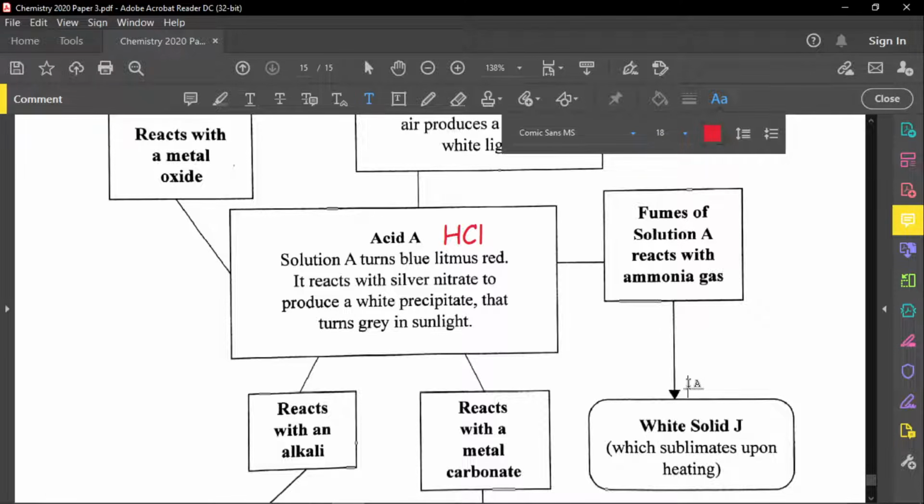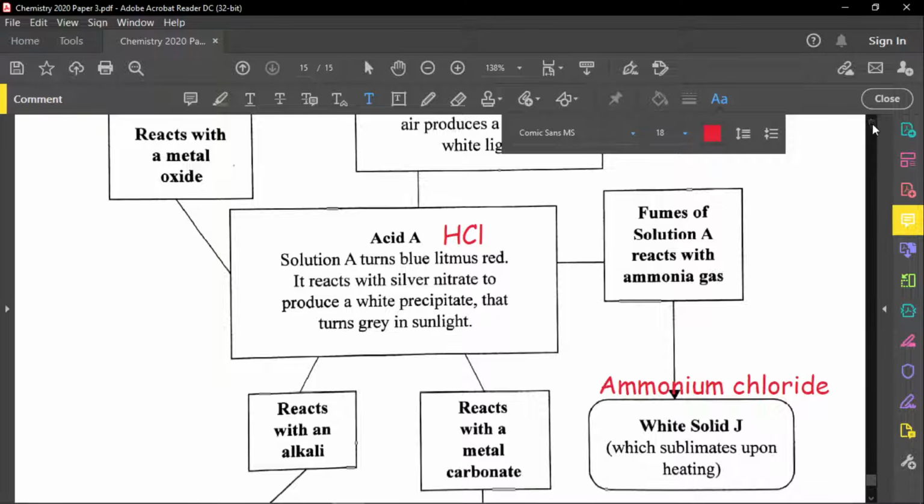And if you remember that little experiment where they put the hydrogen chloride in one end of the gas tube, and then you put the ammonium hydroxide in the other end, and then you see the fumes going out, and a white ring forms in the middle. That's a very cool experiment. So if you remember that one, then you know you're good. So this is ammonium chloride.